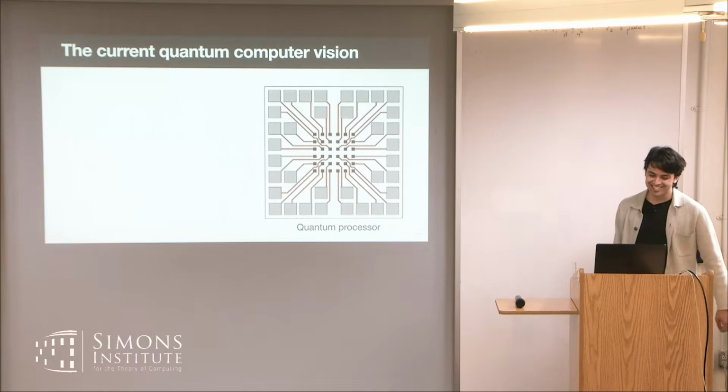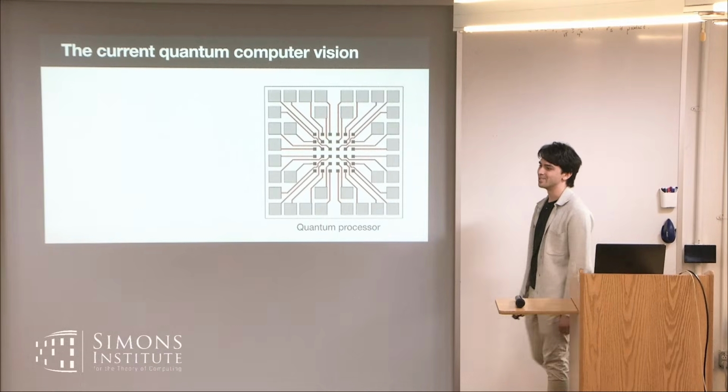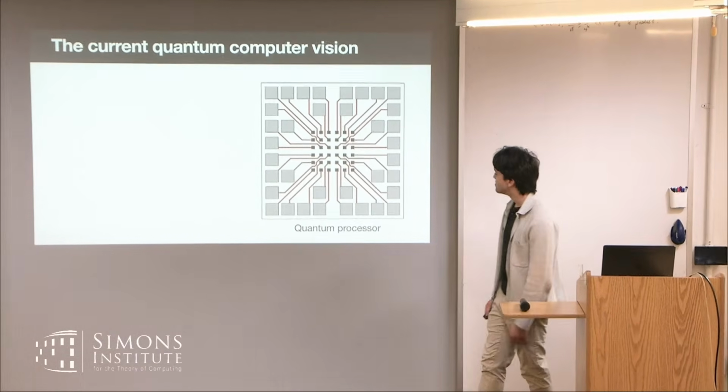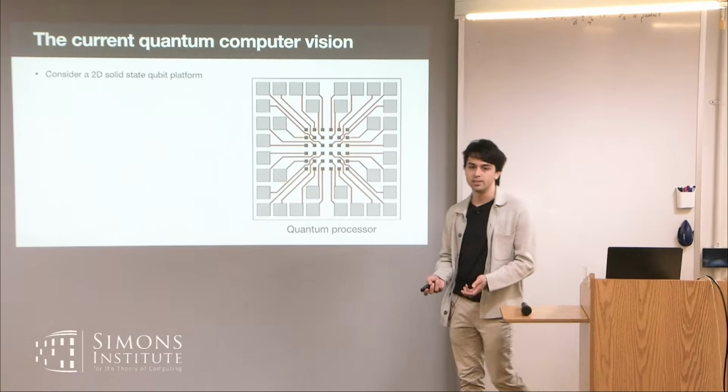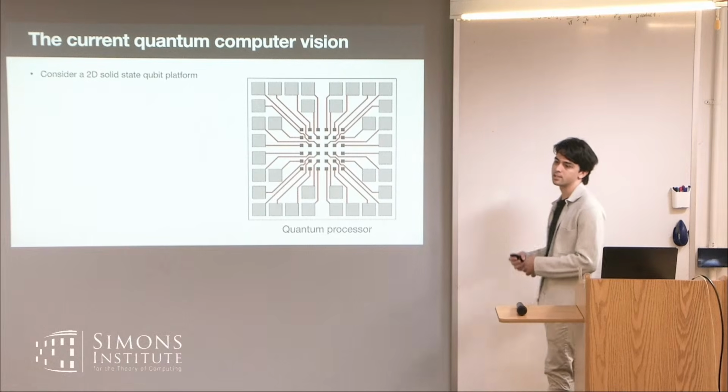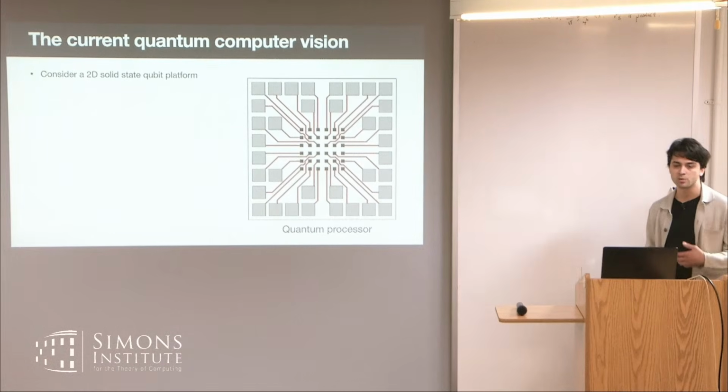Currently, the way that people intend to build quantum computers might look something like this. Let's consider a 2D solid-state platform, say a superconducting qubit system or a spin qubit system.